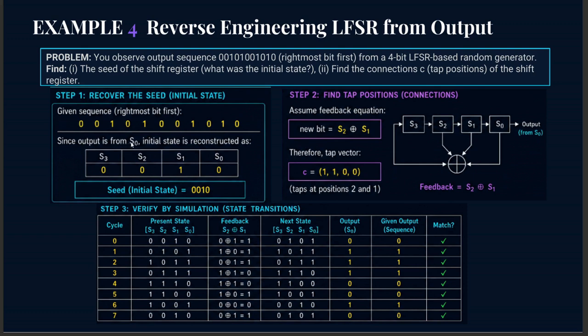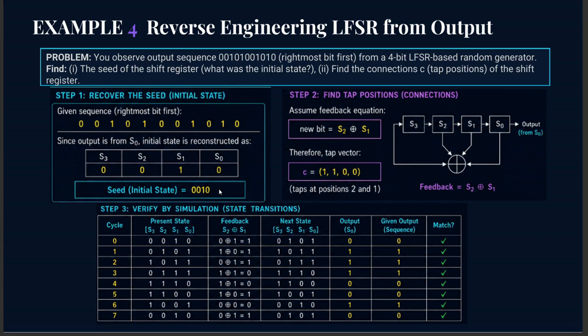Since the output comes from S0, the earliest output bits directly correspond to the initial register content. Take the first 4 bits carefully, that is 0010. Now map them to the register: S3 equals 0, S2 equals 0, S1 equals 1 and S0 equals 0. Therefore, the seed becomes 0010. So now we know the initial state, that is 0010.